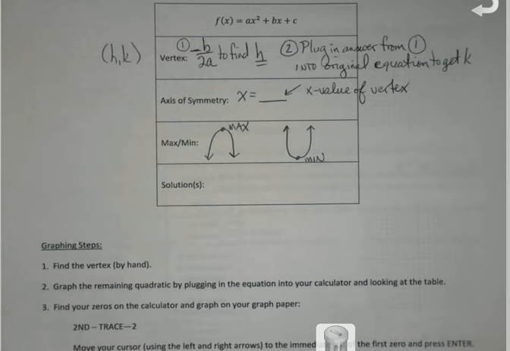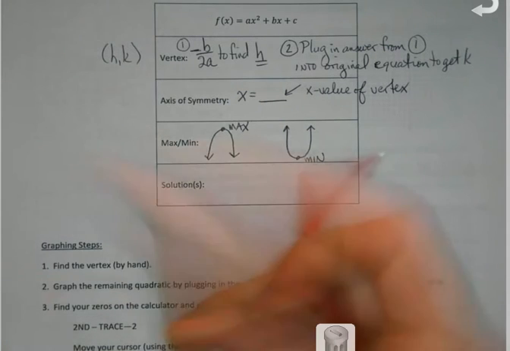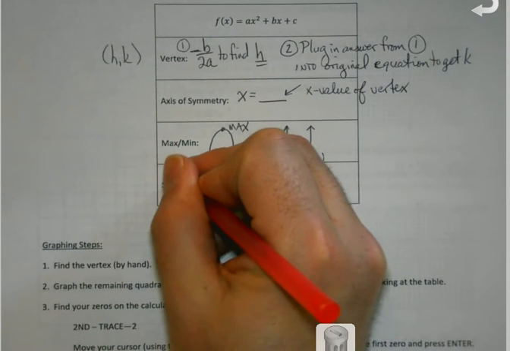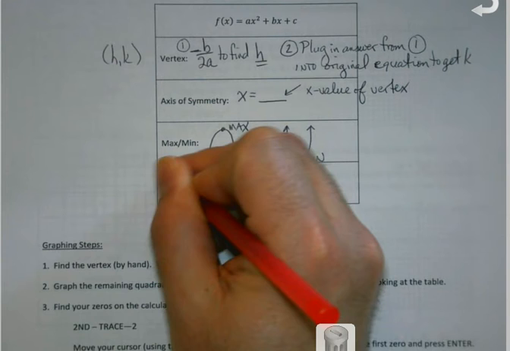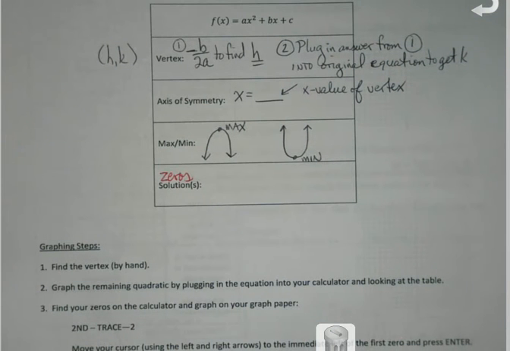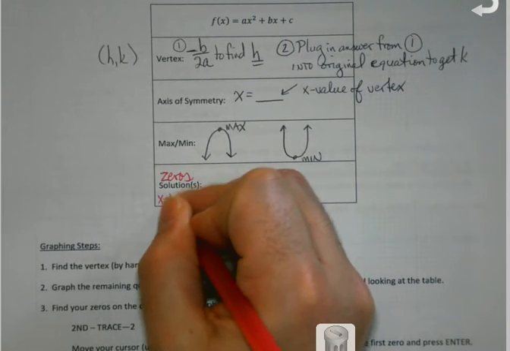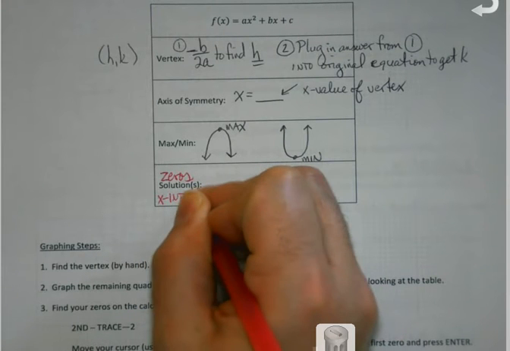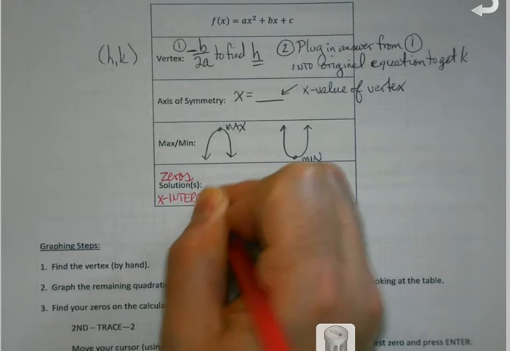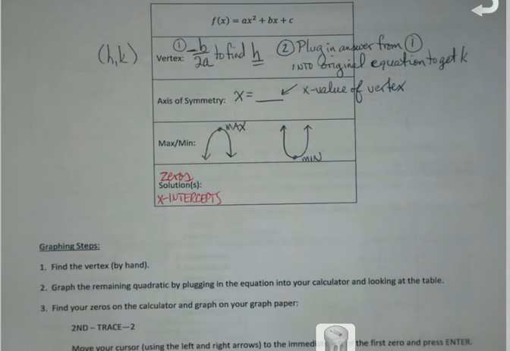Now here's a new one though. Here's our last new one with this section. Solutions. They can be called a couple of other things. Sometimes they can be called zeros. Or we may have a little bit simpler of a name for them. We just call them x-intercepts.